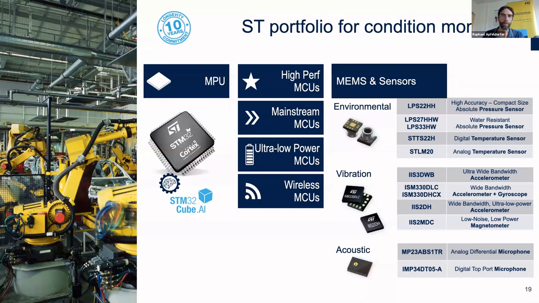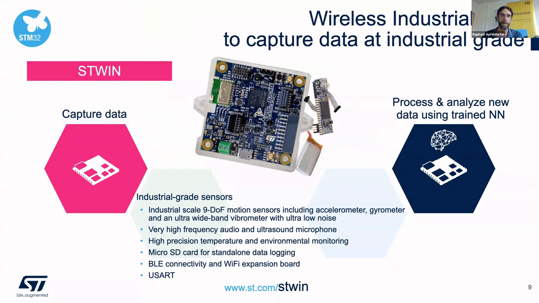Next, we also have ready-to-go boards with industrial sensors. So I wanted to introduce the ST-Win, which is our wireless industrial node. That's a board that already embeds all of the industrial grade sensors you can think of for getting started fast with a proof of concept.